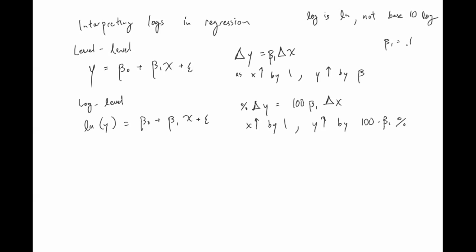So where the heck does that come from? This is actually an artifact of the fact that if I do a log of 1.01, this is very close to about 0.00995 or about 0.01.